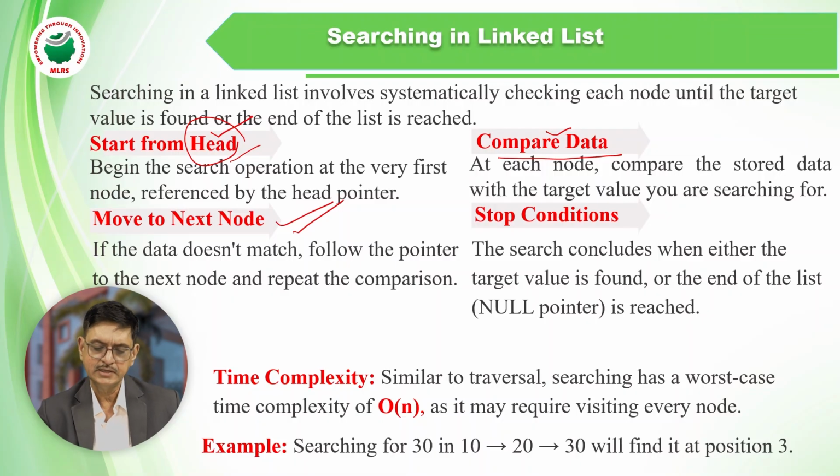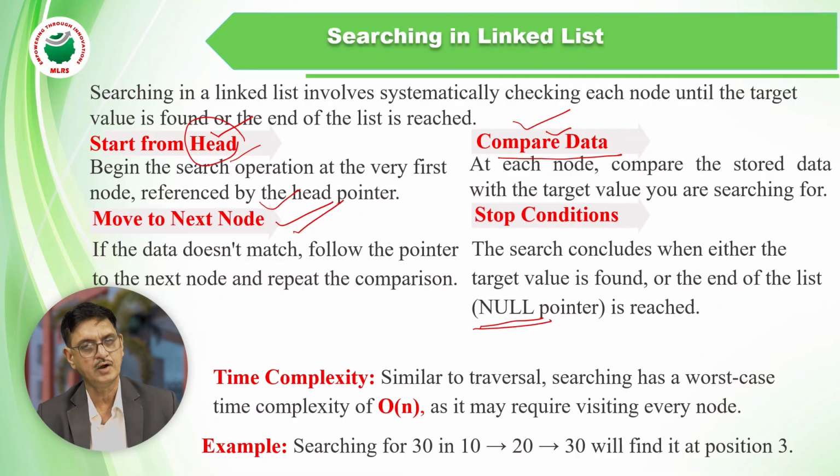This comparing the data and moving to the next node will continue till we either get the required value or reach the last node. The condition to identify that we already reached the last node is if in any particular node the next pointer variable is null.